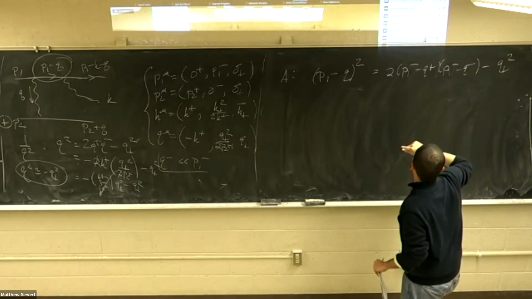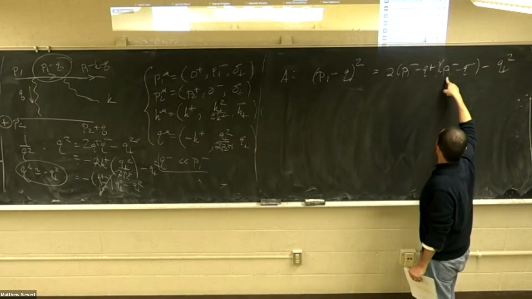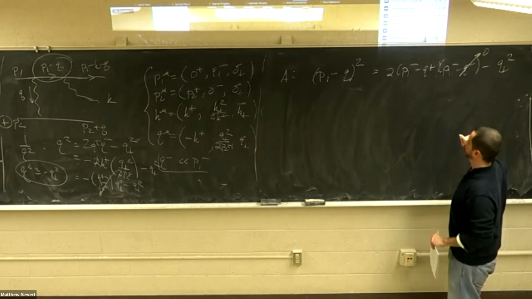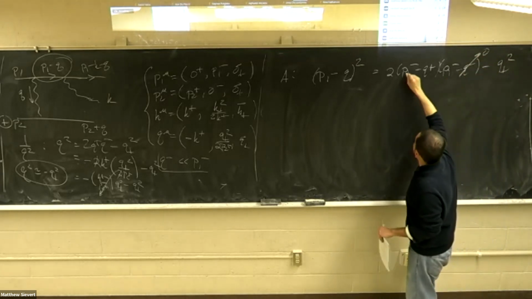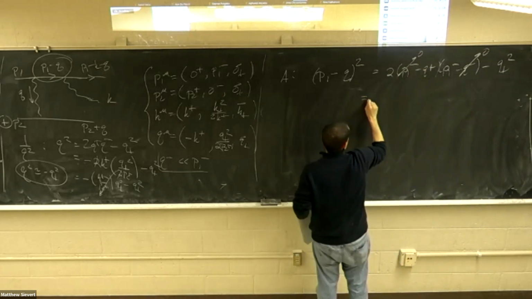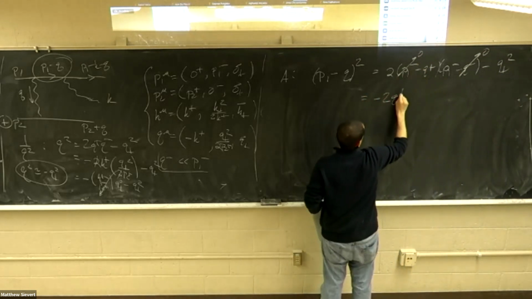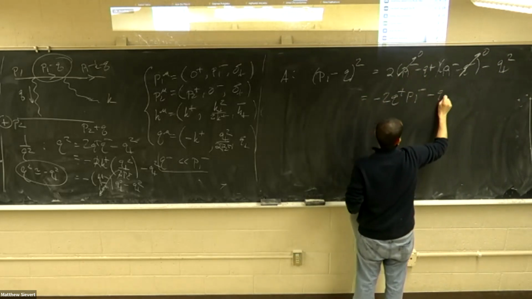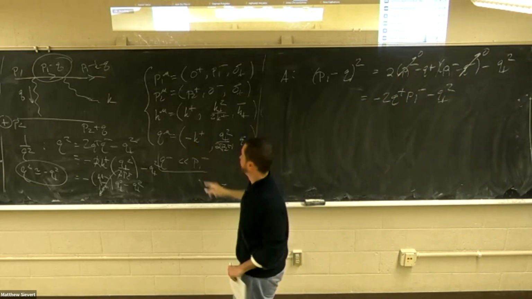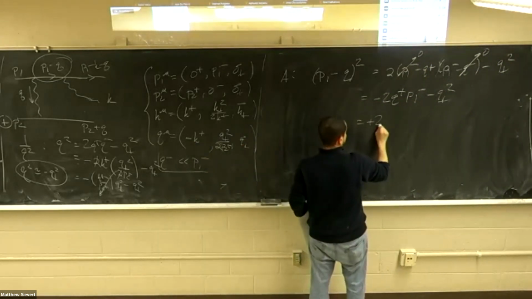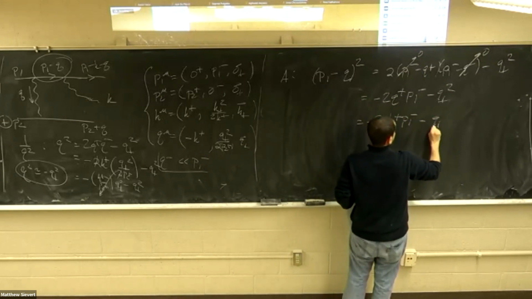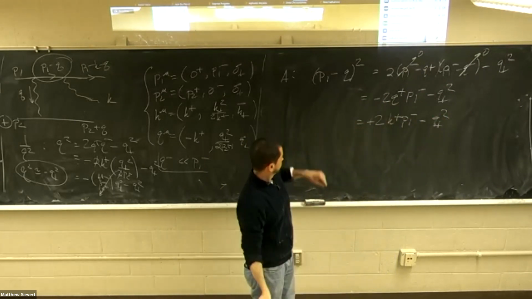And now I fill in my kinematics. P1 minus is large in comparison to Q minus, so Q minus is negligible. On the other side, P1 plus is 0, so I only have negative Q plus. So I get negative 2 Q plus P1 minus, minus Q perp squared, and my Q plus is just negative K plus. So this is positive 2 K plus P1 minus, minus Q perp squared.